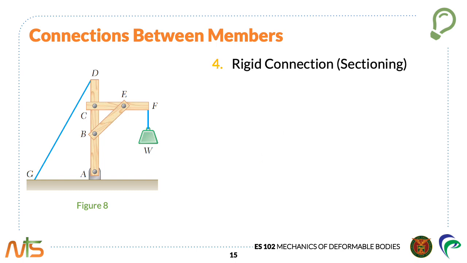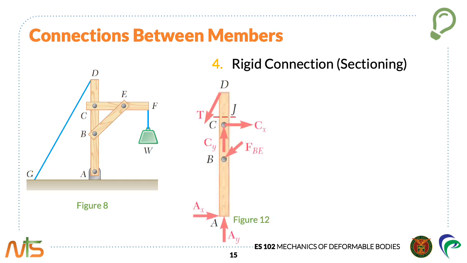Next, let us consider a multi-force member. Take for instance member AD in figure 12. We now cut member AD at an imaginary section J and draw a free body diagram for each of the portions JD and AJ of the member.